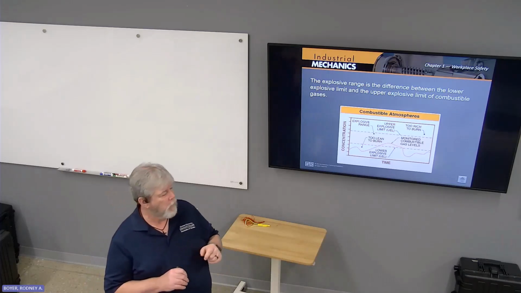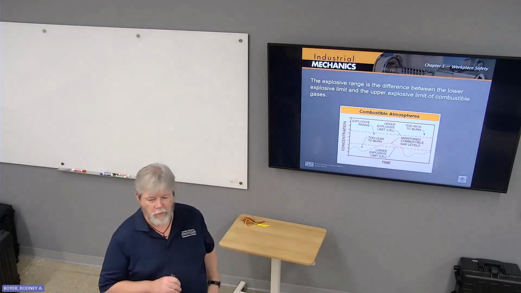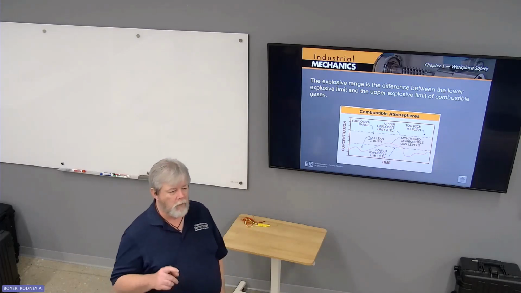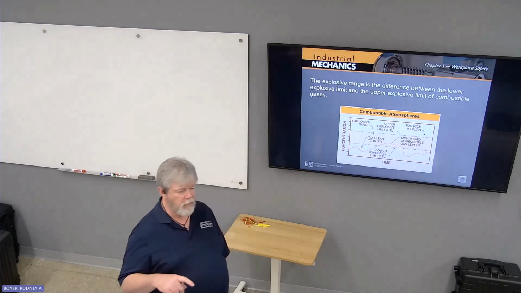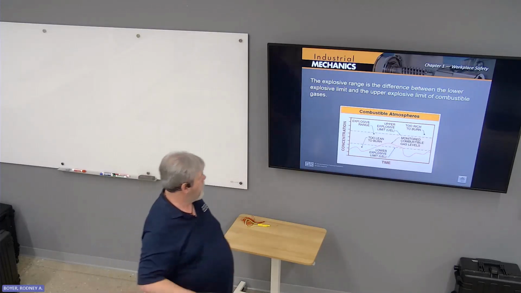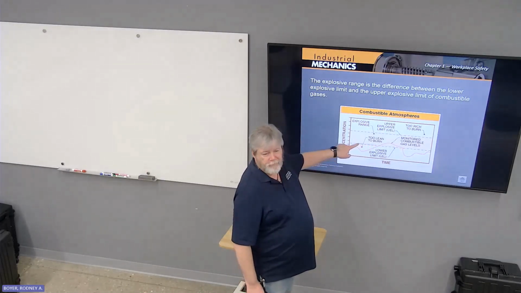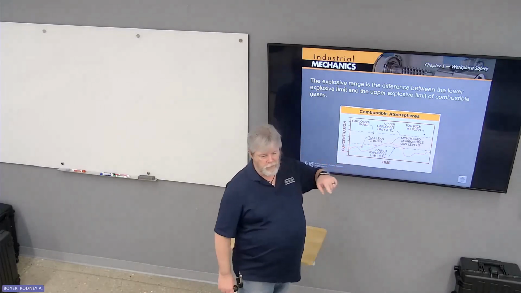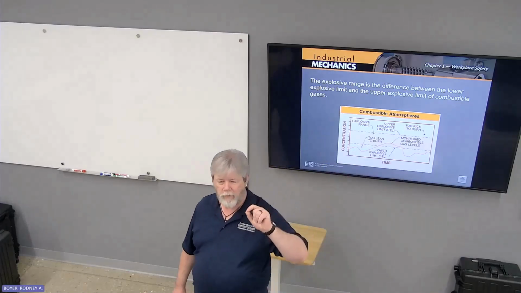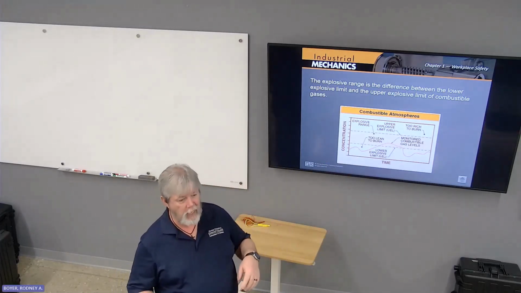So that band in the middle is what you worry about. The gas detectors that are in buildings where this is a thing are typically set to 10% of the LEL. So when that alarm goes off, you've got ample time to get out before shit actually blows up.